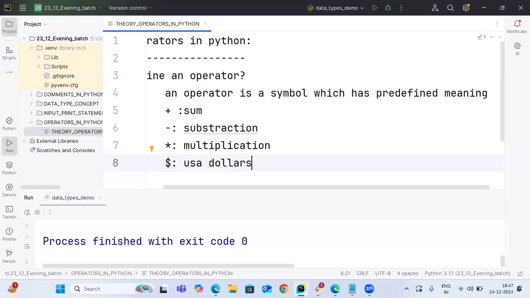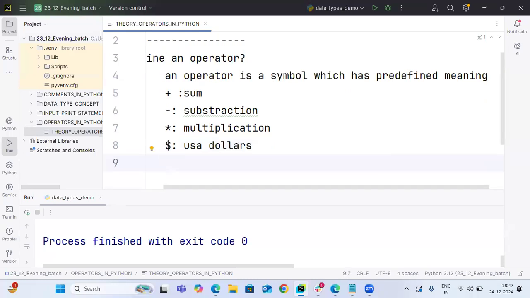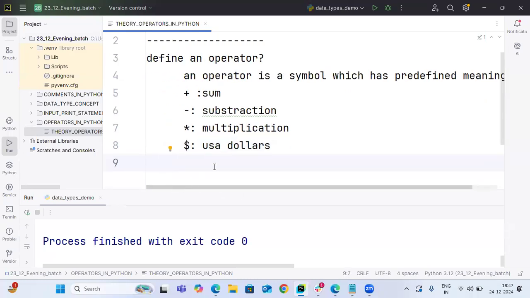Such operators we have already seen in mathematics, right? Now what we are doing is transforming what we have seen mathematically and implementing it through programming. See, programming is derived from mathematics.